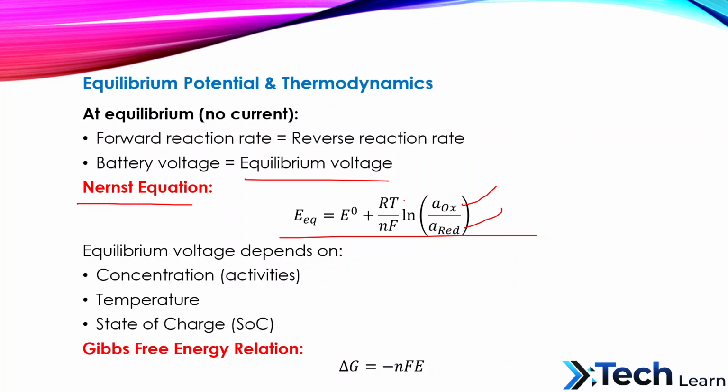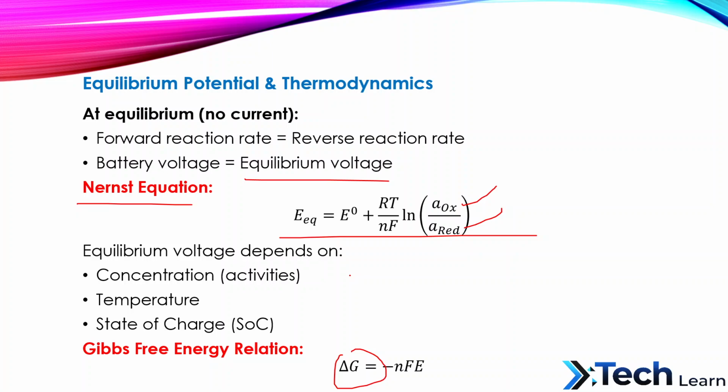There is also a direct relationship between battery voltage and Gibbs free energy. The equation here, delta G equals minus nFE, shows that the battery voltage represents the chemical driving force of the reaction. So at equilibrium, thermodynamics determines the voltage.